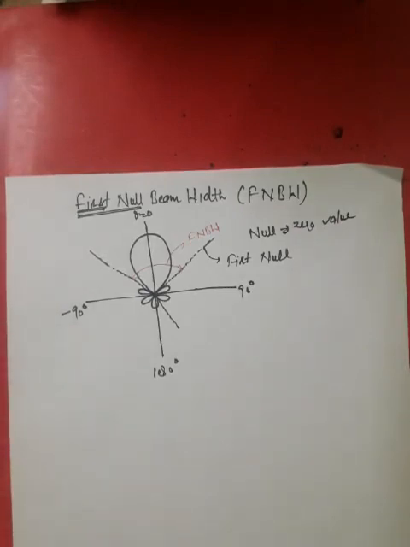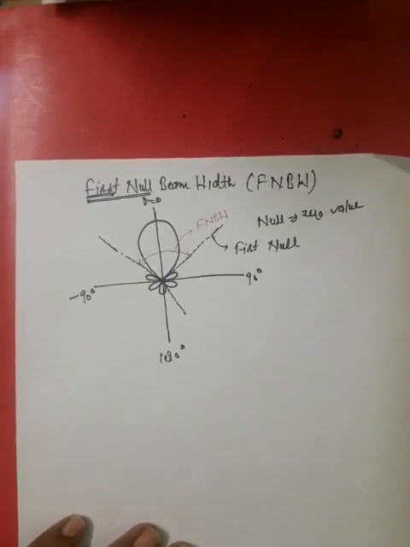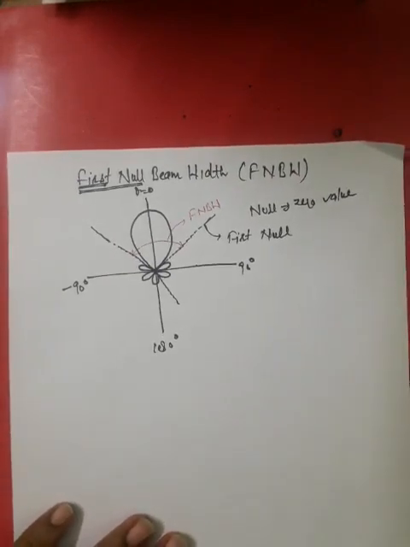In some cases, not in all cases, half power beam width is half of the first null beam width, but this is particular to some antennas; we cannot generalize it. In some cases it will be easy to determine the first null beam width, and based upon that we can evaluate the half power beam width by taking half of it, but you cannot generalize it. So I am not specifically writing that particular point.